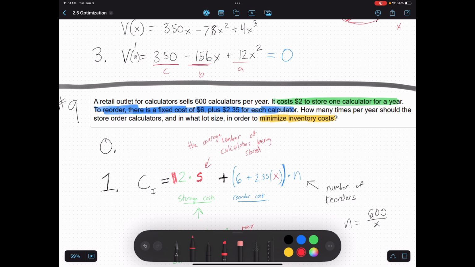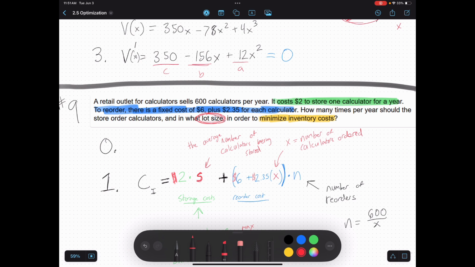Now let's move over to reorder costs. Reorder cost, it costs me $6 plus $2.35 for each calculator I order. So in this case, you'll notice I introduced another variable. X represents the number of calculators ordered. Well, that's what this lot size is talking about.